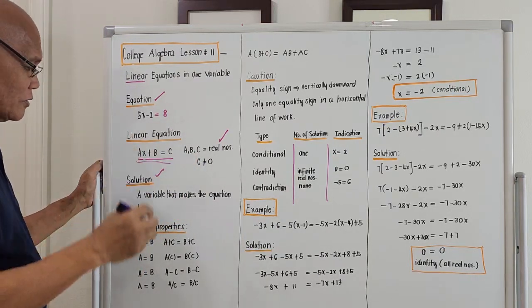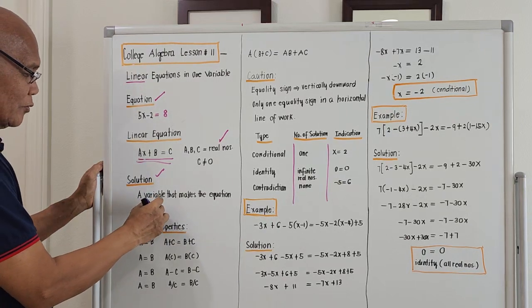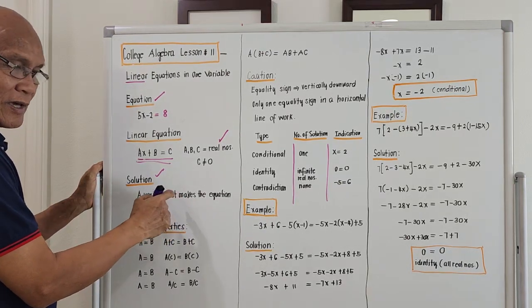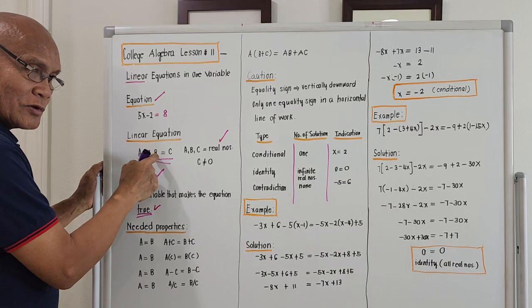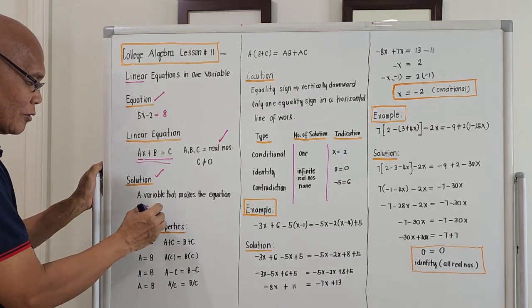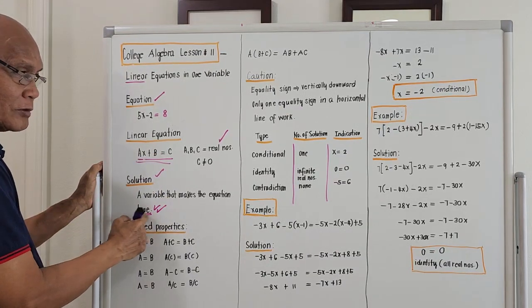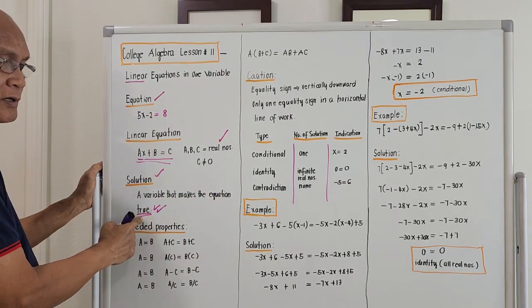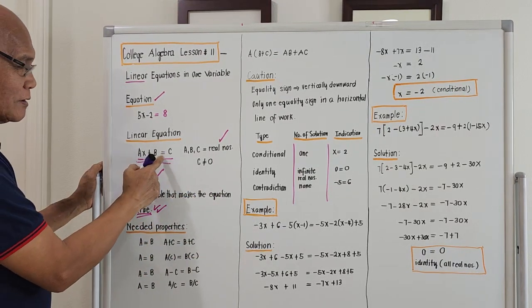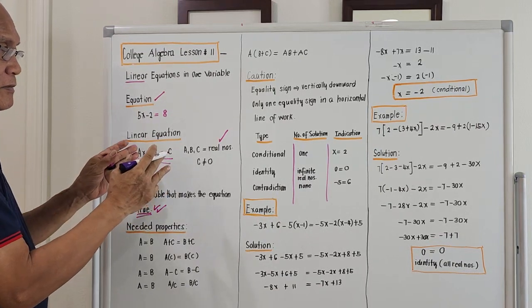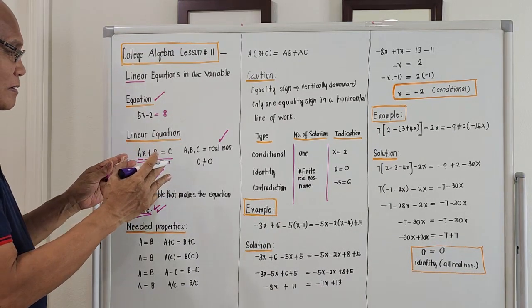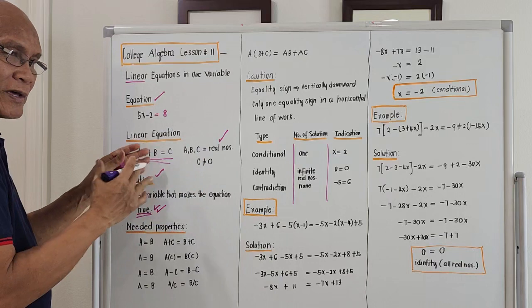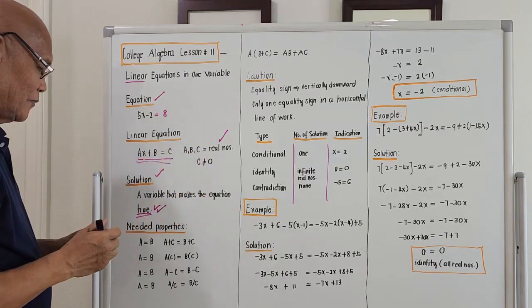So for it to be considered a solution, when we substitute that x in the linear equation, it should be a true condition, not a false condition. It will make the equality, meaning both the left and right sides are equal.